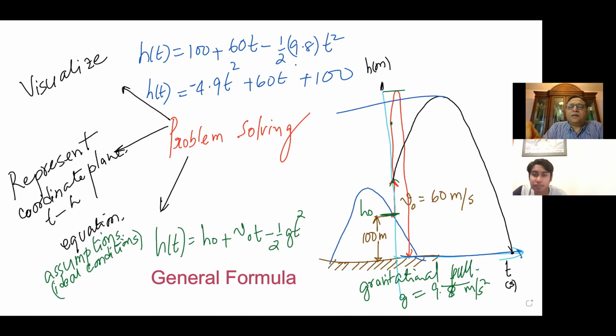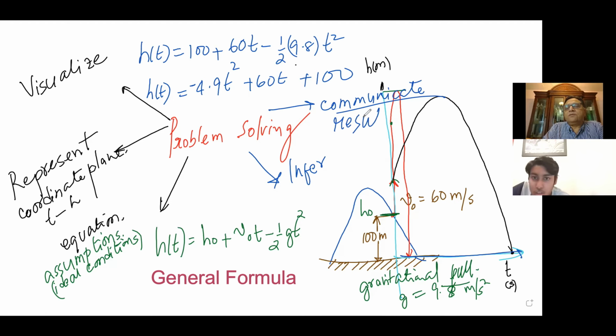Let's go to a fresh page, and then once we have this problem, we can infer many things, and then we could communicate our results. You can say observations or results. And of course, if there is something wrong and if you want to improve on the system, you can provide feedback.